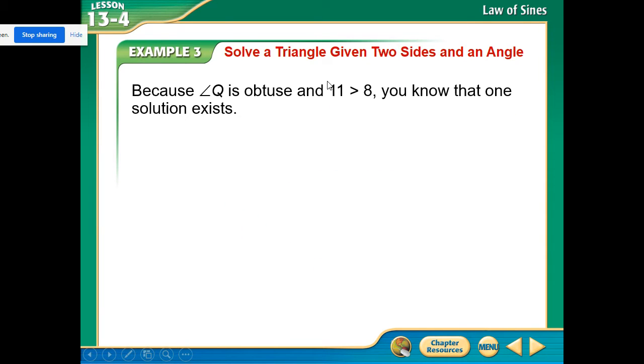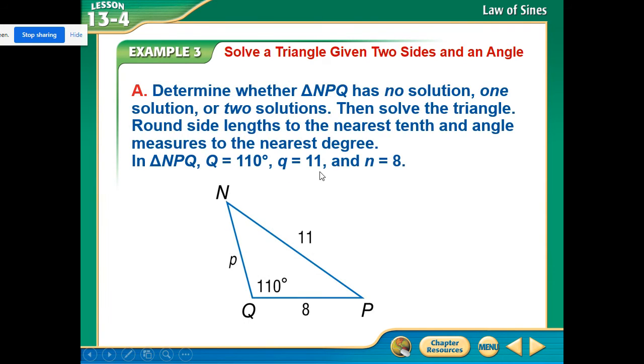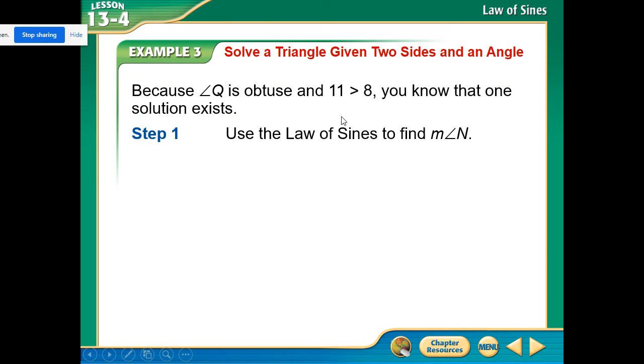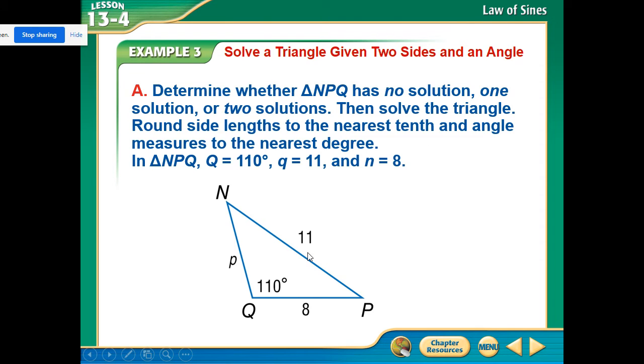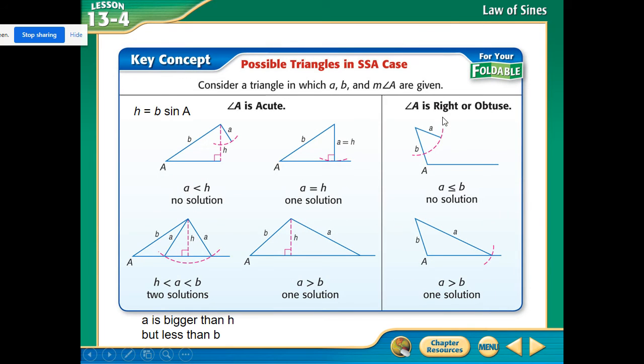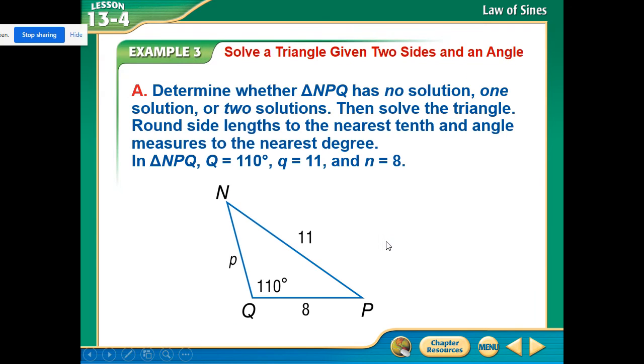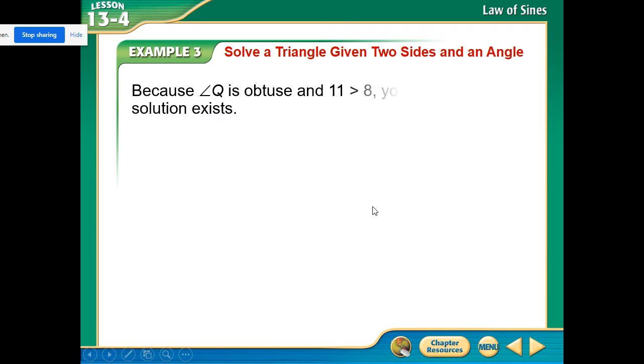So 8 times the sine of 110, I'm sorry, we don't have to do it because we're talking about an obtuse triangle here. When we're talking about obtuse, we're into this section here. So when it's obtuse, we're only going to compare A with B. If A is smaller, there's no solution. If A is bigger, there's 1. So this A value is bigger, so there is 1 triangle. So we know that there's 1 solution.